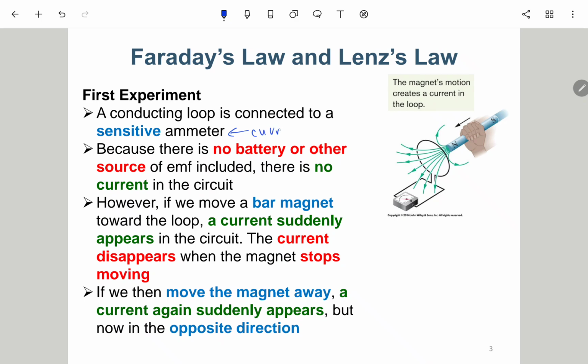We have an ohm meter and a voltmeter. The voltmeter is used to measure voltage, or electric potential difference, and we have the ammeter for current. So it's connected to a sensitive ammeter.